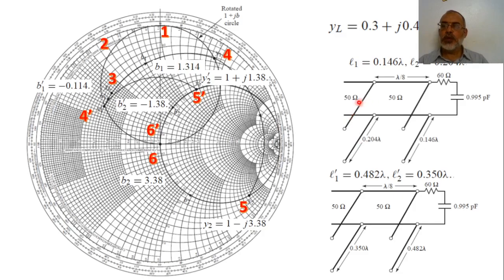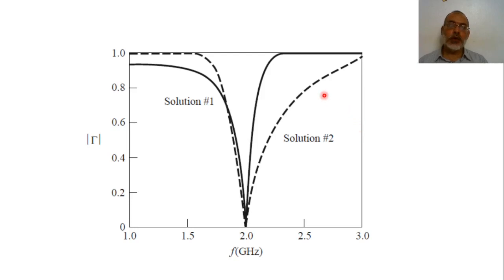So the input admittance will no longer be y0; there will be some reflection coefficient. This reflection coefficient can be calculated numerically to determine the behavior of the reflection coefficient as a function of the frequency.